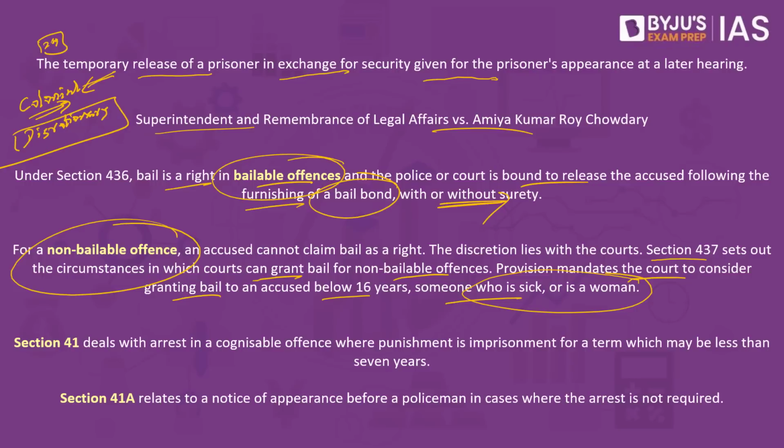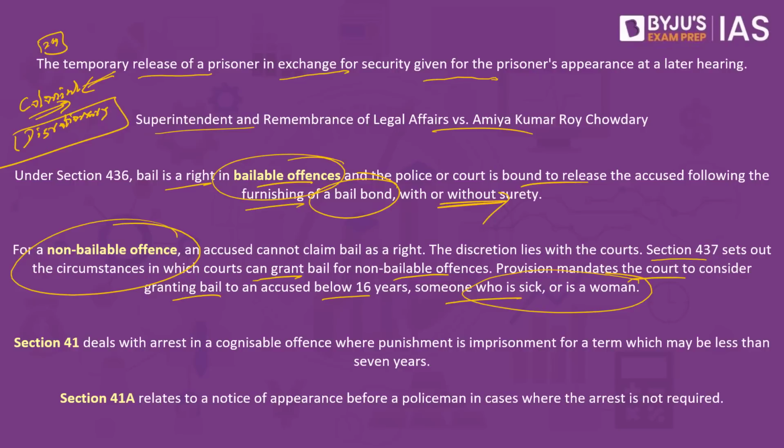So remember, it is a matter of right in bailable offences. In most scenarios he will be given bail, but in exceptional circumstances, the court may also not give bail. But when it comes to non-bailable offences, it is not a matter of right. It is the discretion of the court of law. The court, on a case-to-case basis, will decide whether this particular person will be awarded bail or not.